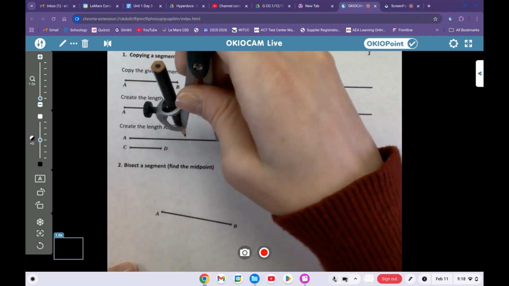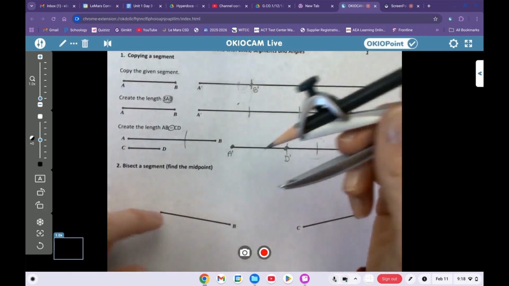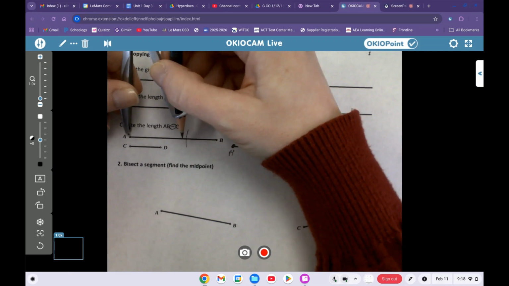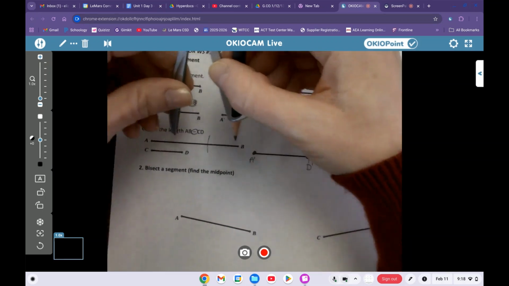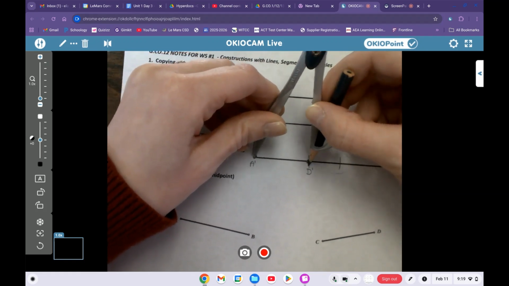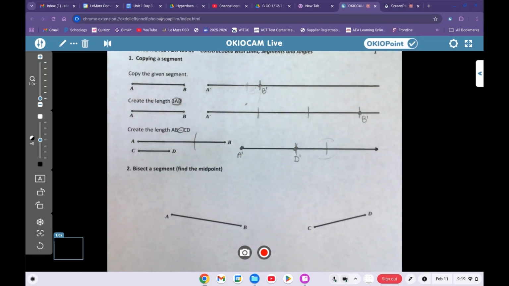So you went like this, which is basically what I did over here, okay? But then they just measured from A to that mark, so A to here, and then they came over here and they made the mark. And guess what? It's the exact same thing as what I had, okay? It lines up perfectly. So you could have done that one really either way. Any questions on those first three where we're kind of measuring and copying those segments down?